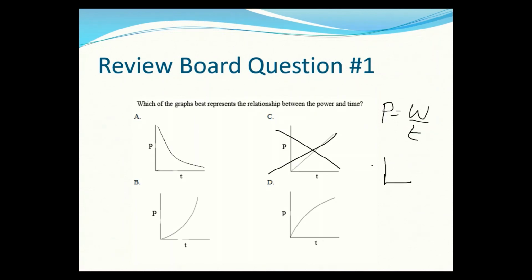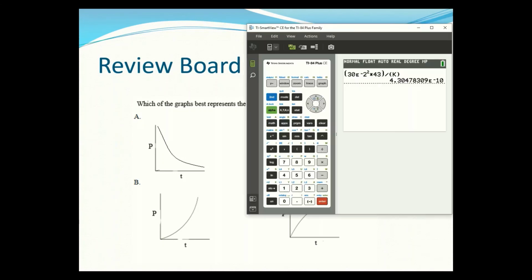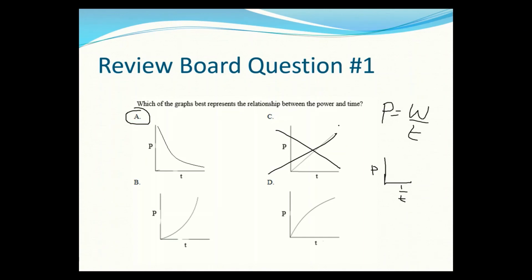If it was straight, it'd be power equals 1 over time. So I have to just look up what an inverse relationship looks like. I go 1 over x. I'll look it up, and it looks like A is the closest one that matches that.